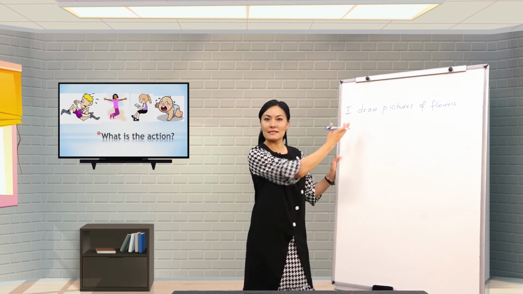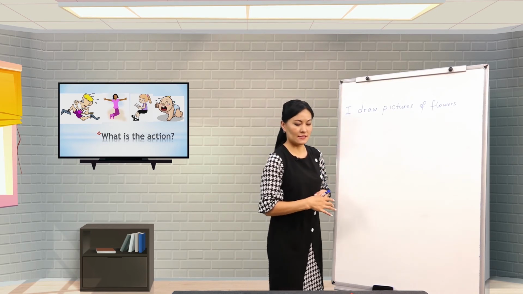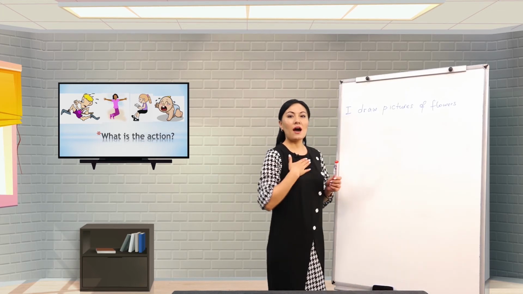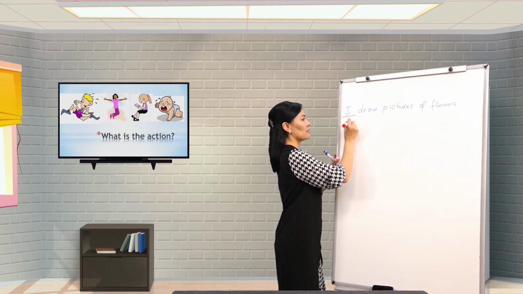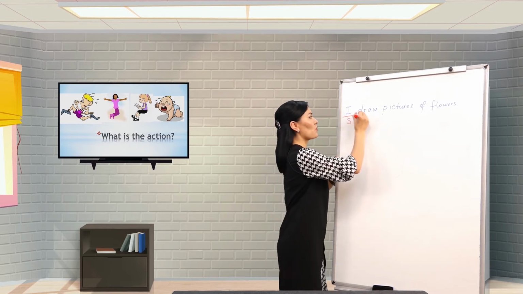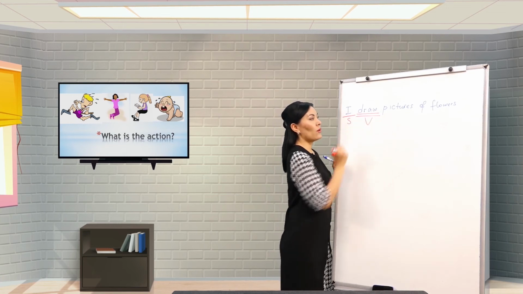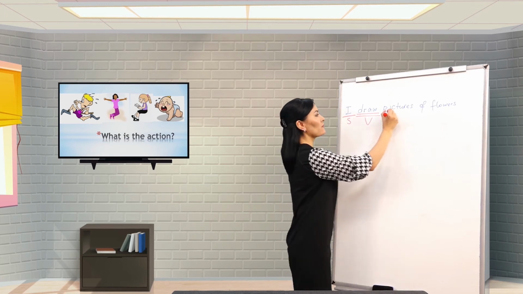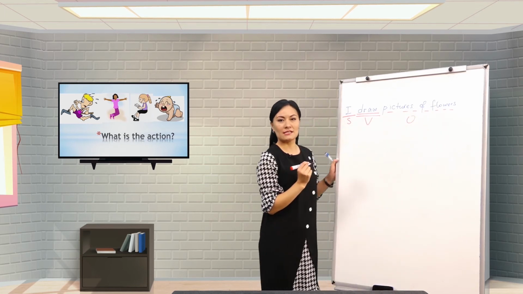So look at this sentence and let's find where is the subject of the sentence. Okay, subject is I, right? I is a subject. What do I do? What is the action? Draw. It is a verb. What do I draw? Pictures of flowers. And this is the object of the sentence.